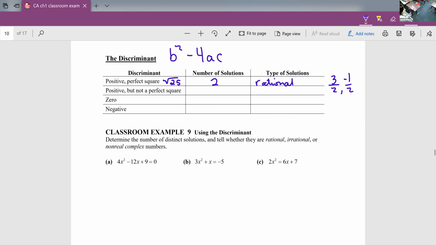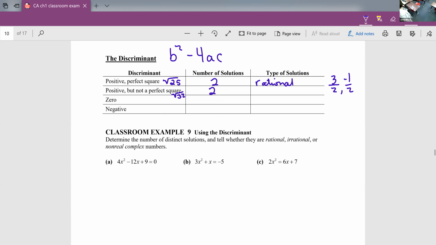Now, it's also possible that the number we get is positive, but it's not a perfect square. Maybe something like the square root of 32. We just did that guy a minute ago. If we have something like the square root of 32, how many solutions am I going to have? I've got something plus or minus the square root of 32. I still get 2 solutions because there is a number that's not 0 after the plus or minus sign.